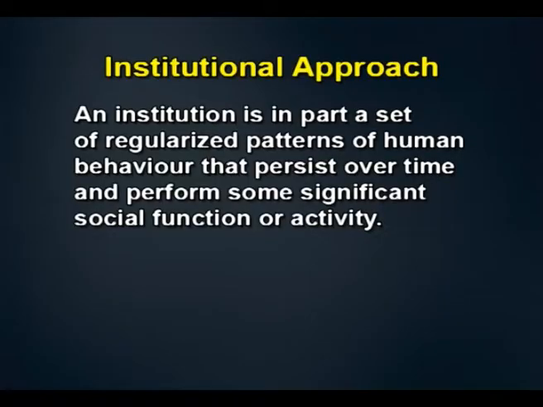Institutionalism, with its emphasis on the formal or structural aspects of institutions, can nonetheless be usefully employed in policy analysis. An institution is in part a set of regularized patterns of human behavior that persist over time and perform some significant social function or activity.